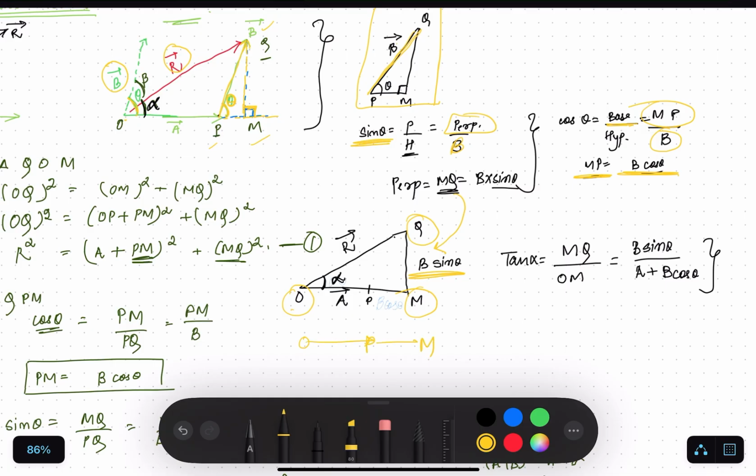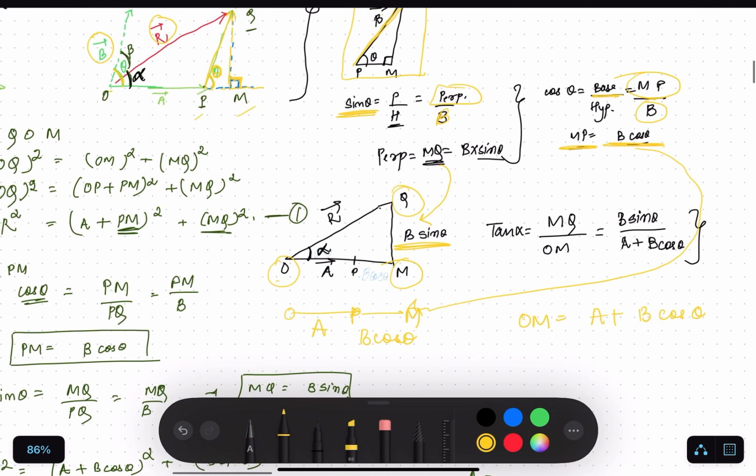Now I can put the value of PM from here, that is B cos theta. And what does OP represent? OP represents the magnitude of A vector, that is A. So I can say OM is equal to A plus B cos theta.